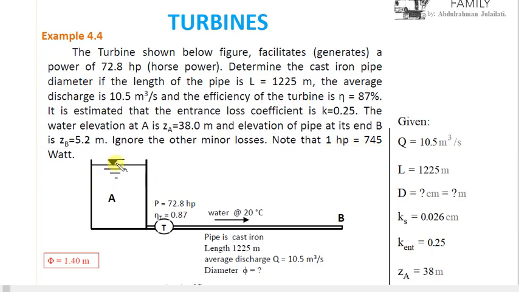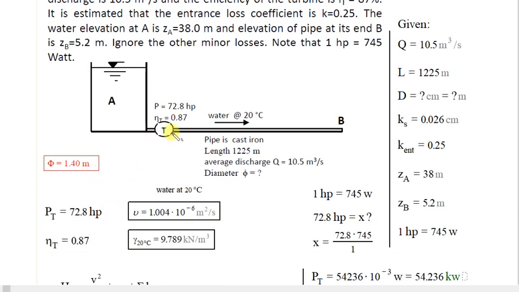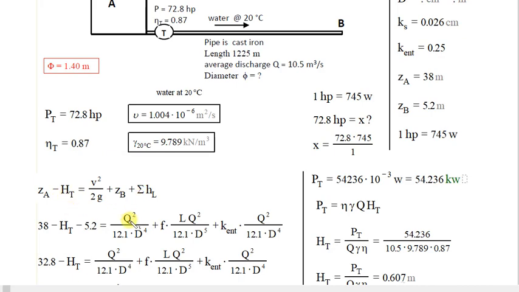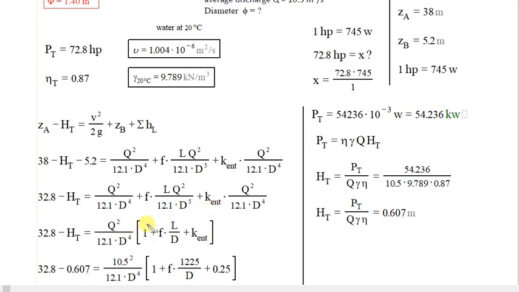Okay, so if we try to write the Bernoulli equation from here to the exit, there is no pressure here and no velocity. Here we have velocity and elevation, and we have elevation there. We should put minus head of the turbine. And we have written the equation, everything written with the K entrance, and simplified the equation.